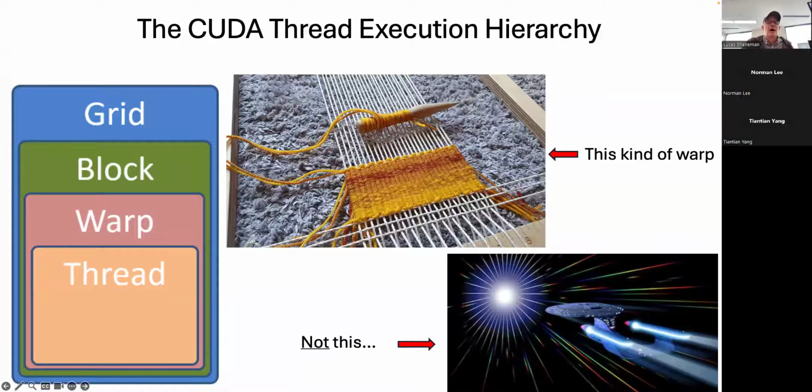But anyway, then those threads and warps are inside things called blocks or thread blocks, and those are inside of a grid. The grid can exist across the entire GPU, across all of the streaming multiprocessors. Within that, you have blocks. And within blocks, you have warps. And within warps, you have threads.